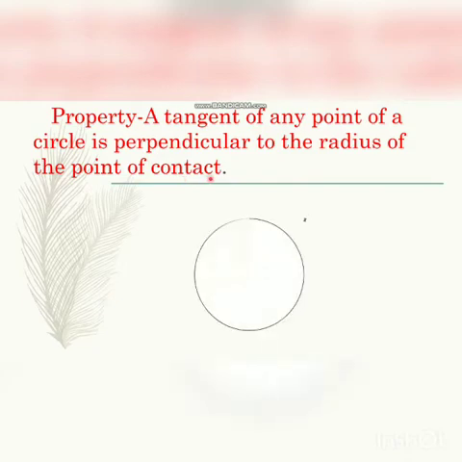Means if you draw a circle with center O, and you draw a radius at a point P which is on the circle, and draw a tangent from this point, then this tangent touches the radius at the point of contact.